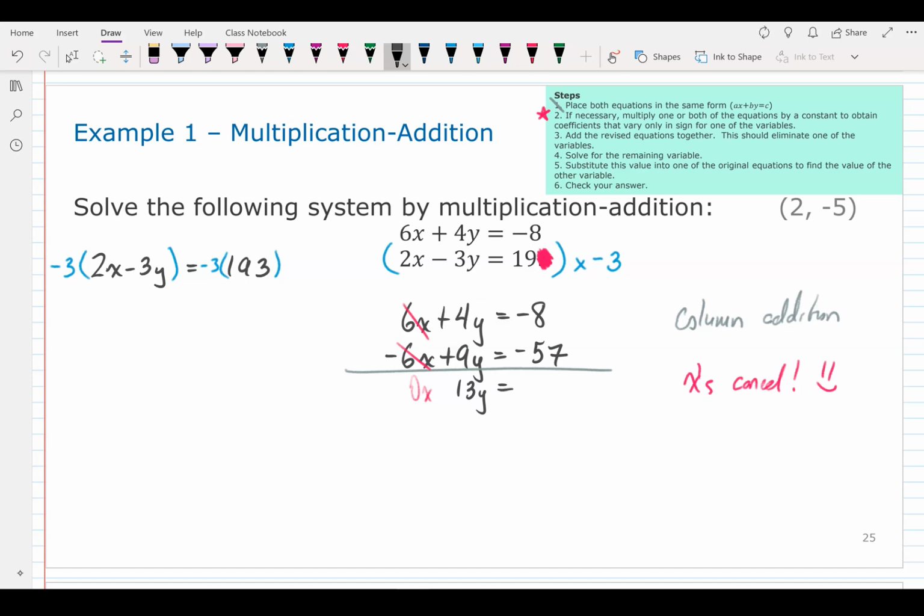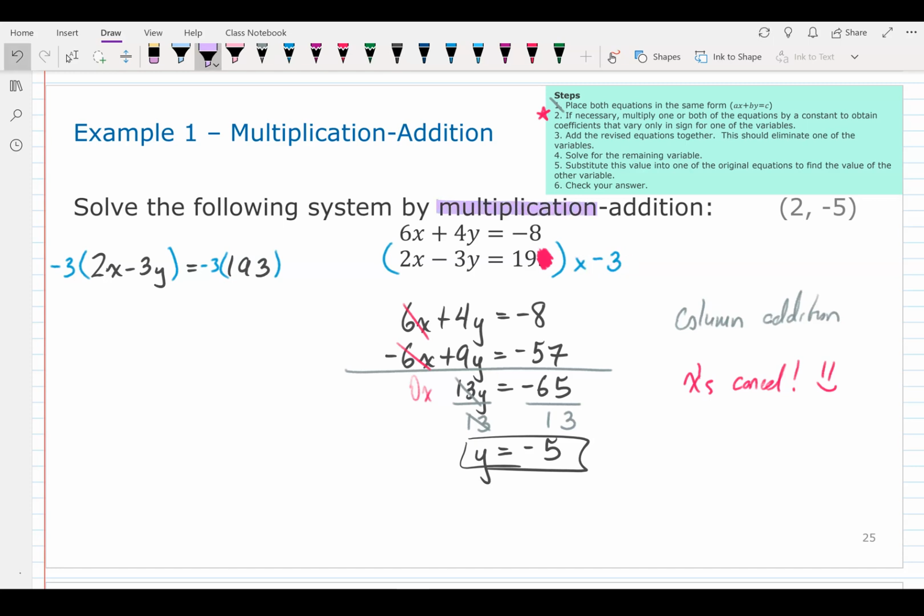And then -8 plus -57 would be -65. And now look what we have. We have 13y equals -65. So just divide both sides by -13 and you got this. Or by 13, not -13. I think it's a -13. Alrighty. Y equals 65 divided by 13 is 5. So -5.